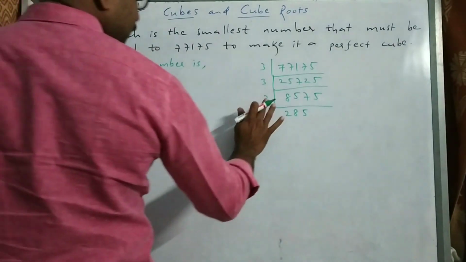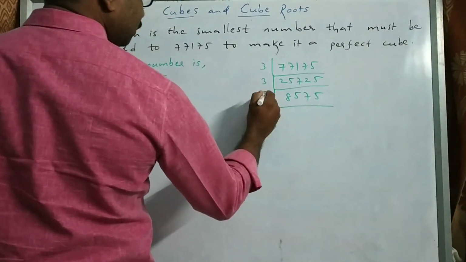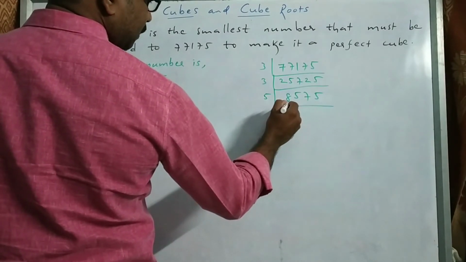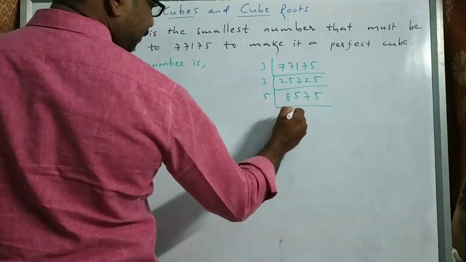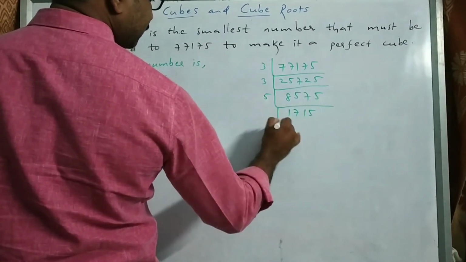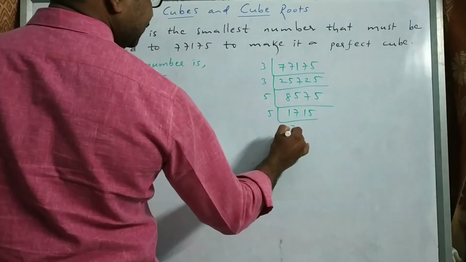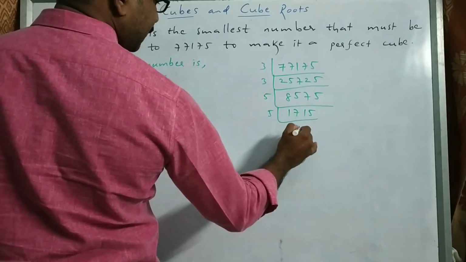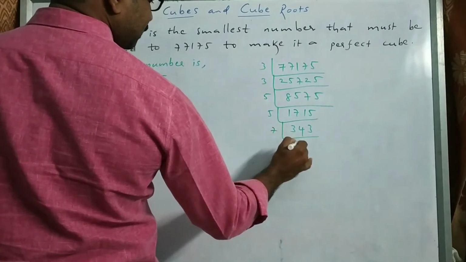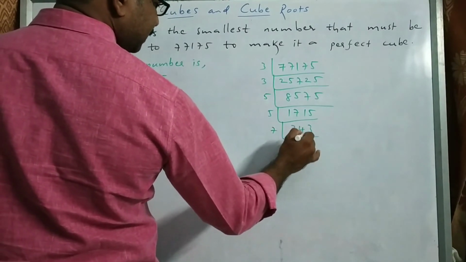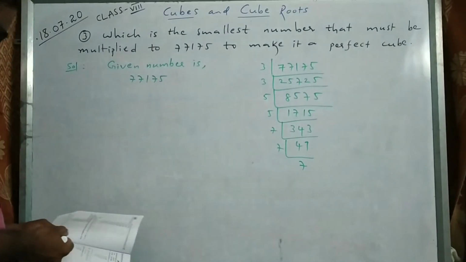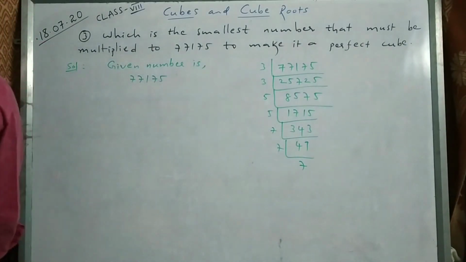So here the 3 table will not go, so 5 we will see. 5 1s are 5, 5 7s are 35, 5 5s are 25. Then 7 4s are 28.